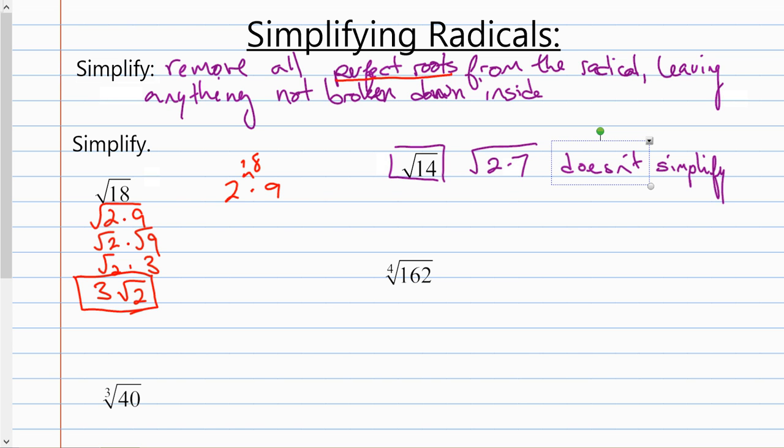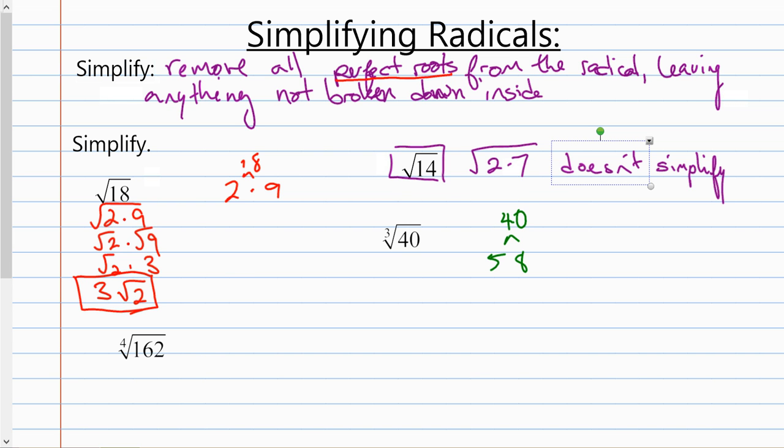So then on something like the cube root of 40, for instance, let's try this one next. Maybe you see a perfect cube inside of 40, maybe you don't. So again, we'll go to our lovely factor tree. And inside of 40, I see a 5 and an 8.